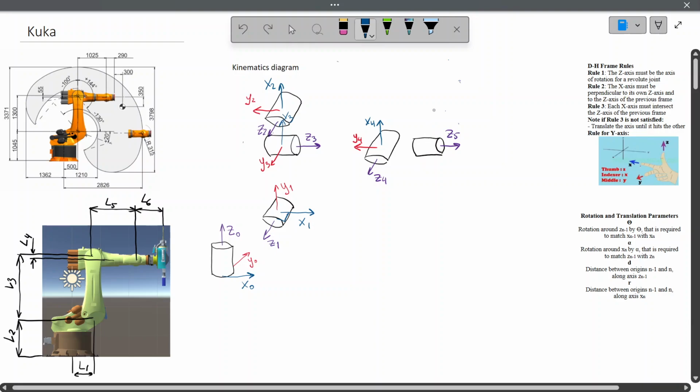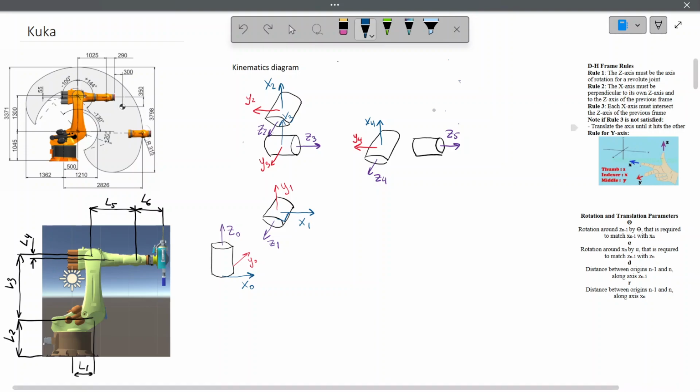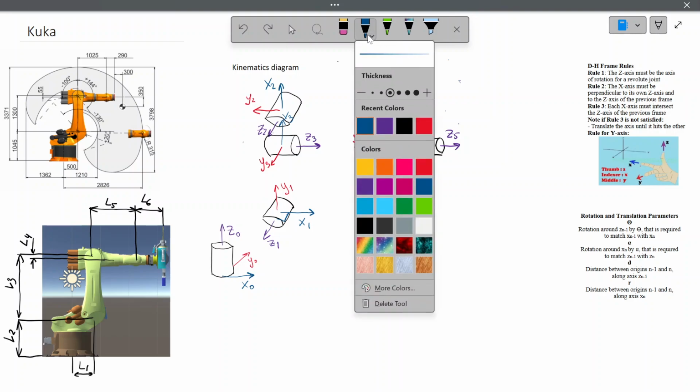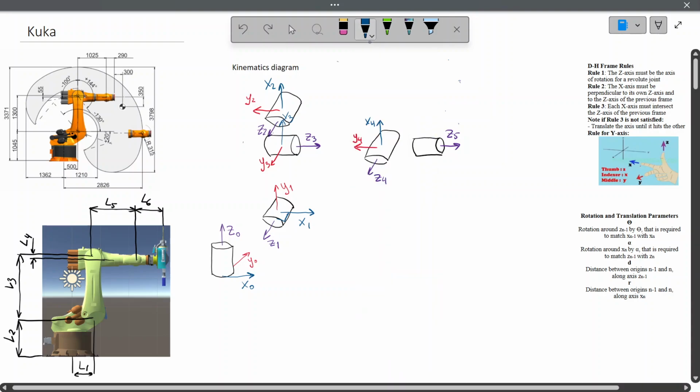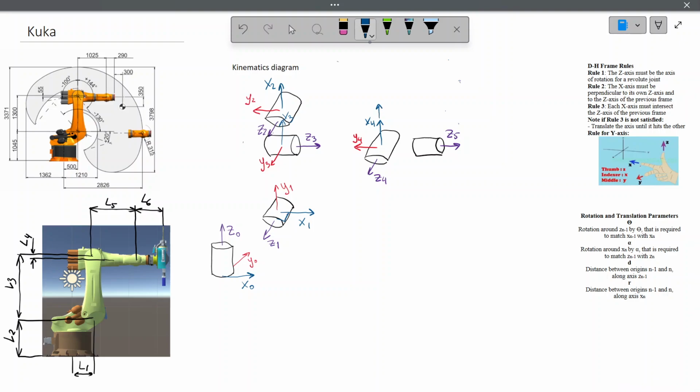So again, here we need to apply this note and translate the x-axis to the previous one. So if we, for example, draw x5 here, it's perpendicular to the z5 and to the z4.